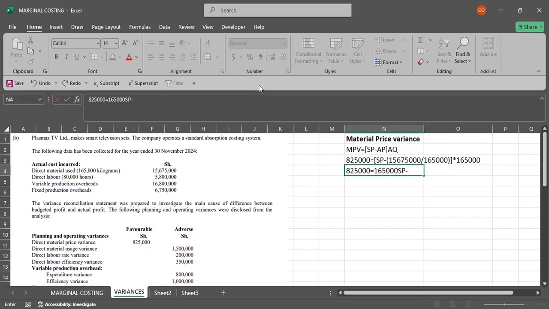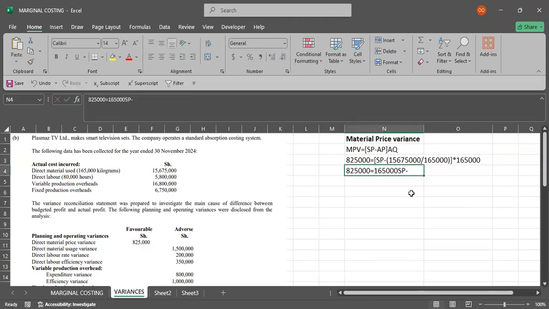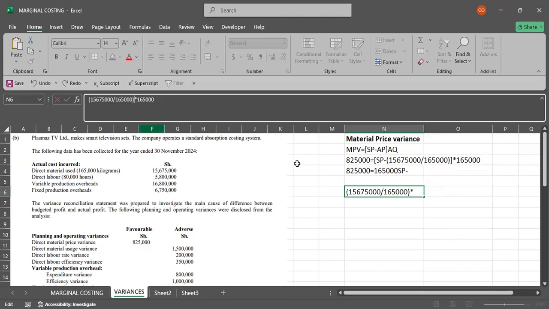What are you getting? If you deal with it that way, what are you getting? Let's extract this part only. We have 15,675,000 divided by 165,000, then multiply by 165,000.